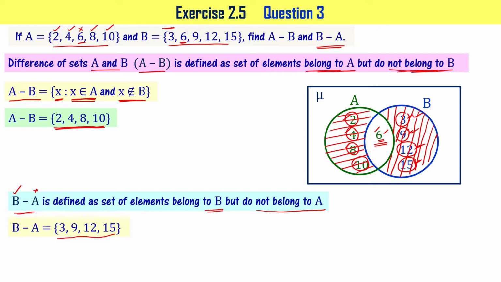The reason is that 3, 9, 12 and 15 are only part of this hashed region. 6 is part of both. It is at the intersection of A and B. You have to remove that part. That's why 6 is not included in the set B minus A.